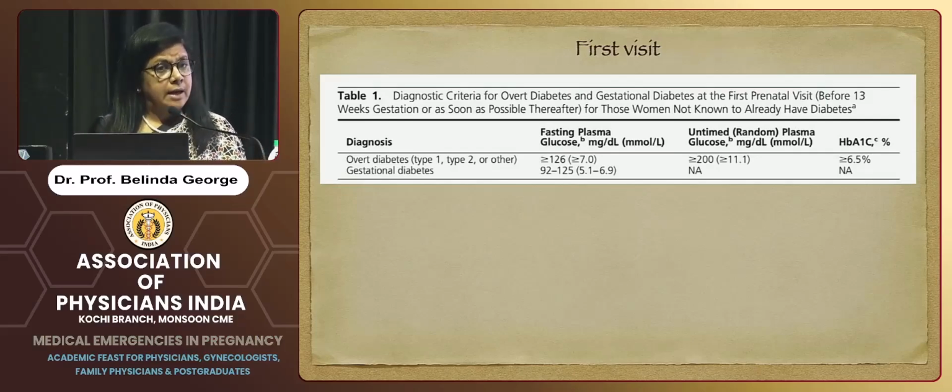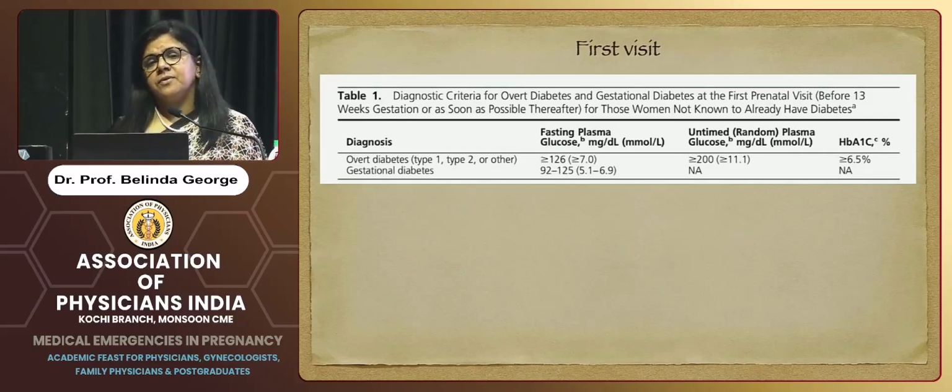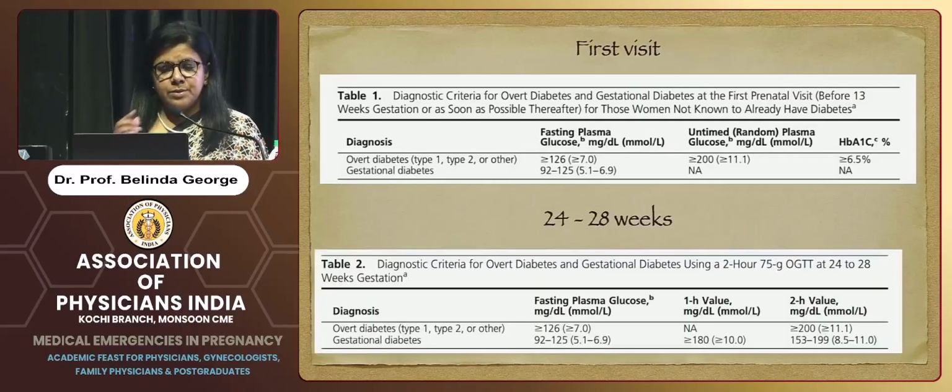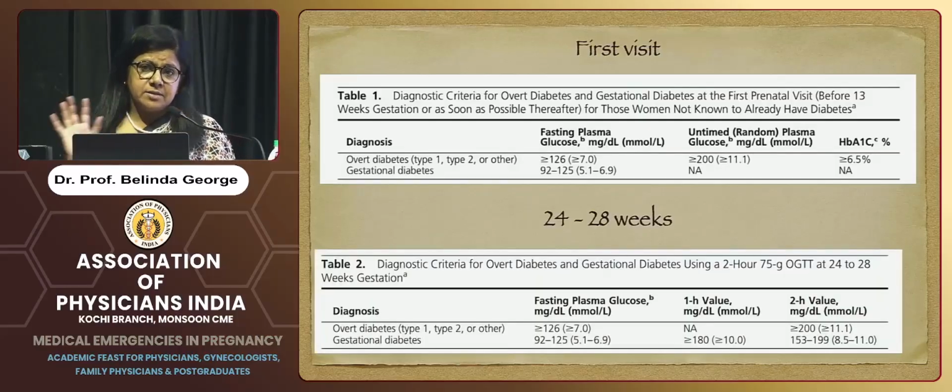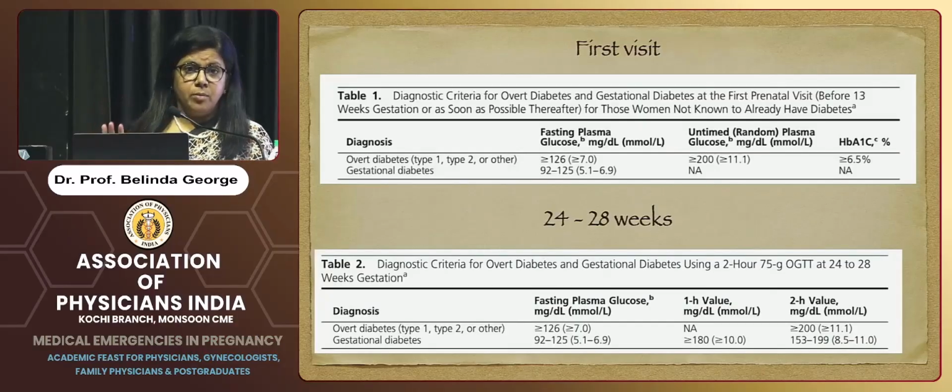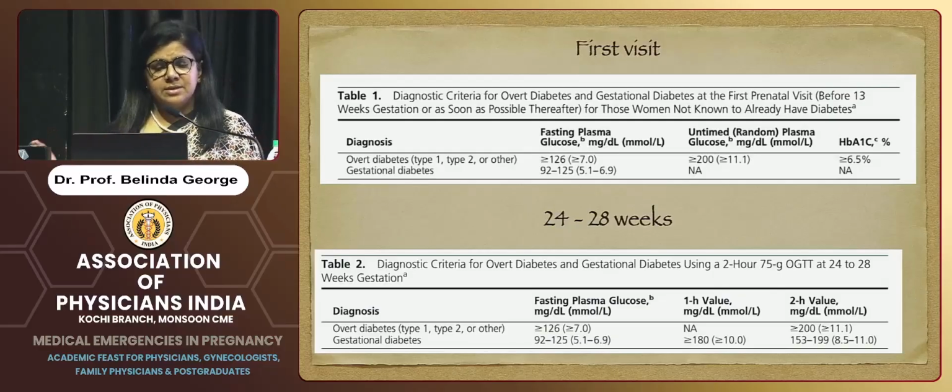Of course, the current guideline says that if the fasting glucose is between 92 to 125, you can call this gestational diabetes, but this might change in the future. I will show you some data with regards to that. So if this first trimester visit testing is normal and the patient has passed the test, then you will rescreen the patient at 24 to 28 weeks to check whether gestational diabetes has set in.